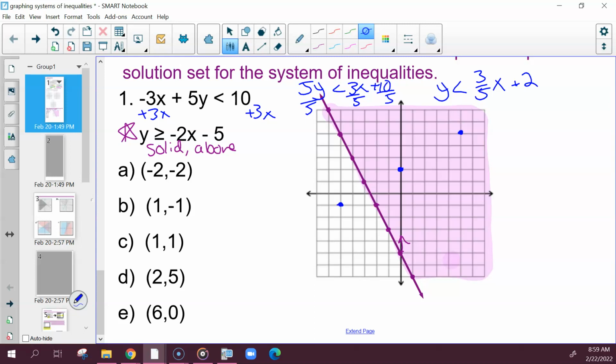Would this be a dashed or solid line? Shaded above or below? No, like I said before, you don't need to write out those words, just if it helps you do that.